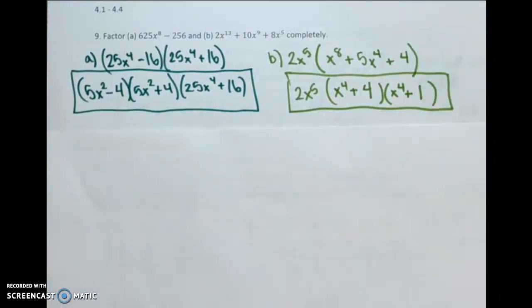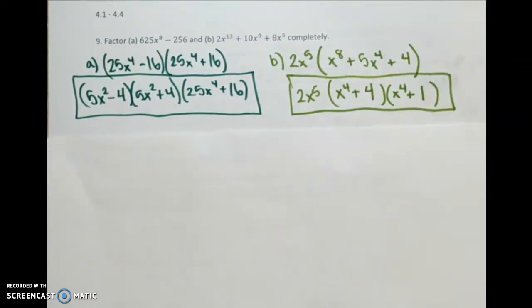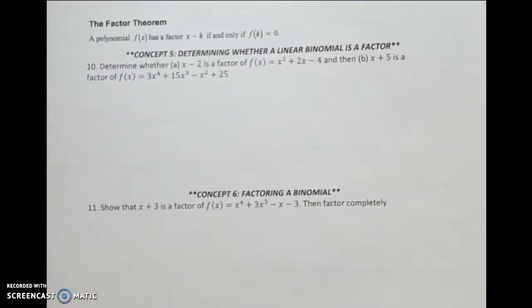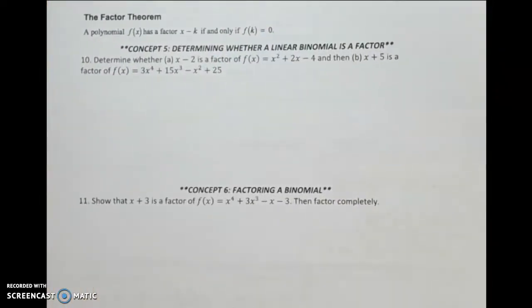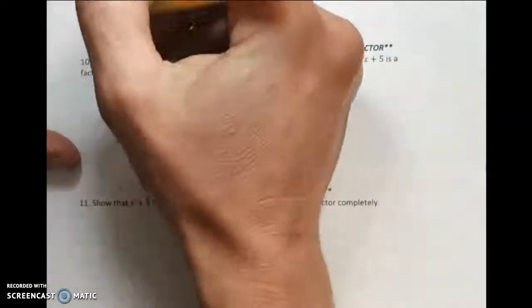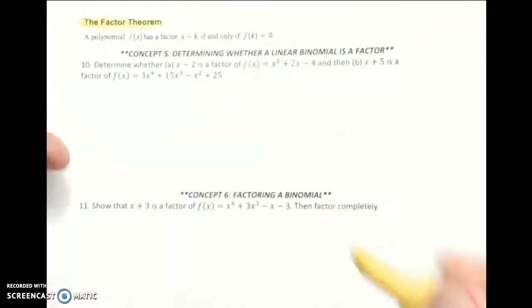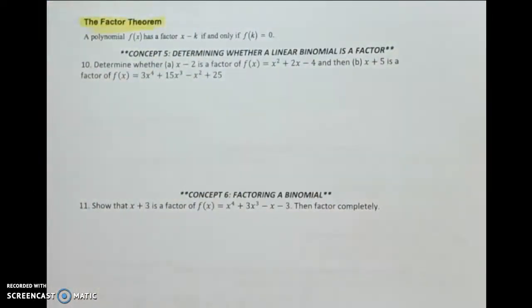Okay, there's number 9, A and B. And the next thing we have to work on is the factor theorem. So I'm going to go ahead and move this. Pause if you need more time. The factor theorem is really pretty similar to what we did last in 4.3 with the synthetic division.